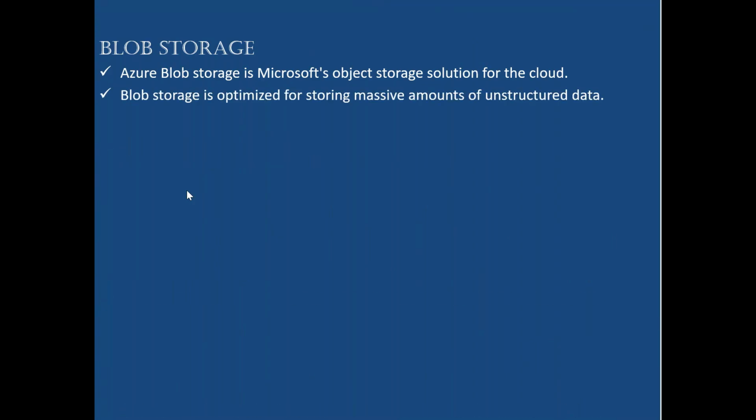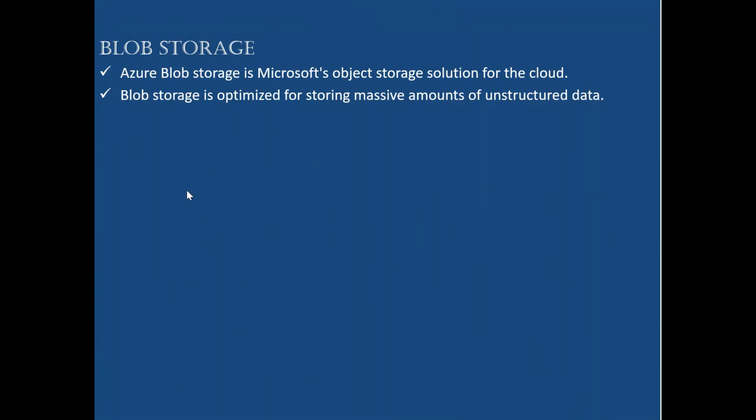So blob storage is optimized for storing massive amounts of unstructured data. It is designed to store any semi-structured, unstructured data, and it is unlimited storage, but there is a limit on the file size, up to 5 TB.